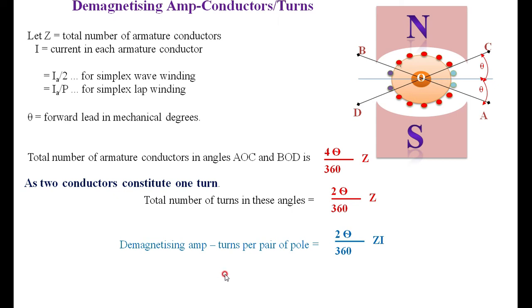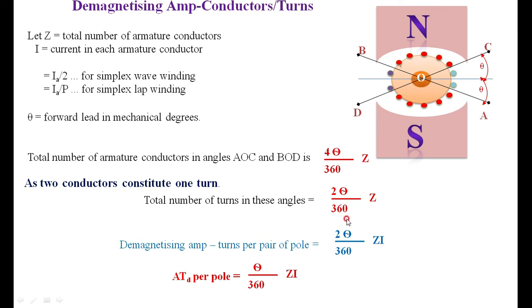It is per pair of poles. What I am interested in is demagnetizing ampere turns per pole. Therefore, once again I have to divide by 2, because I am considering this for a 2 pole machine. Therefore, the demagnetizing ampere turns per pole is theta divided by 360 into Zi.